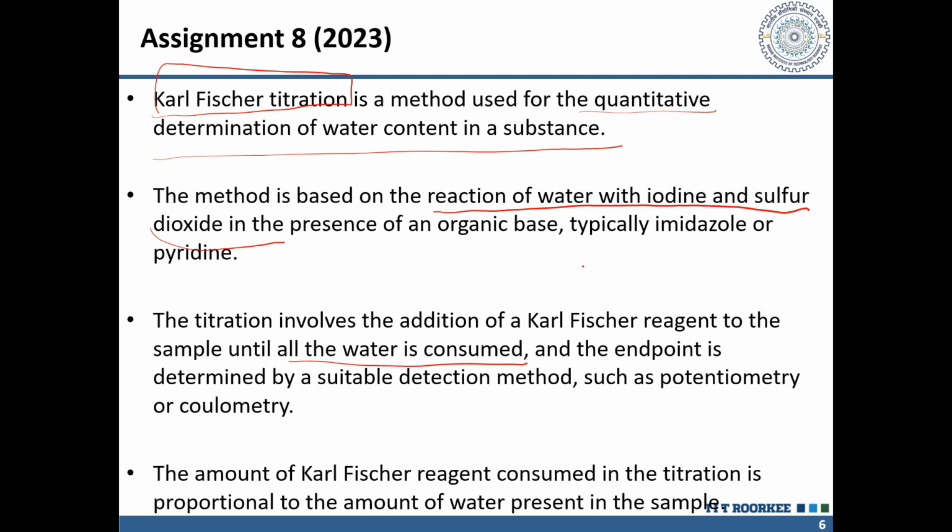So the higher amount of reagent used means the higher amount of iodine and sulfur dioxide used, and the higher the amount of water in it. The amount of Karl-Fischer reagent consumed in the titration is proportional to the amount of water present in the sample. Therefore, this reaction is based on the reaction of iodine and sulfur dioxide.